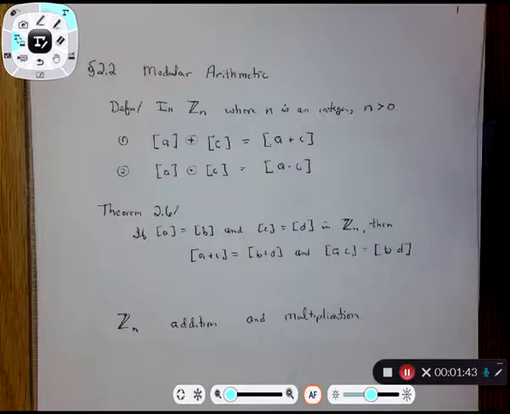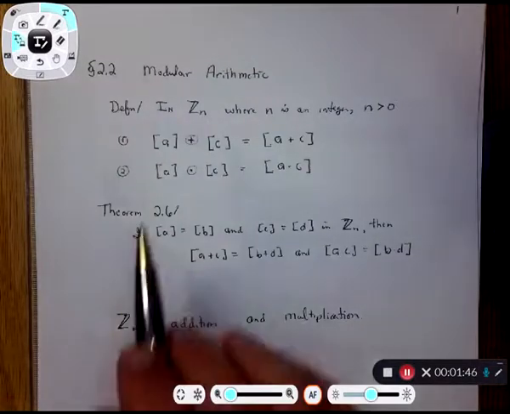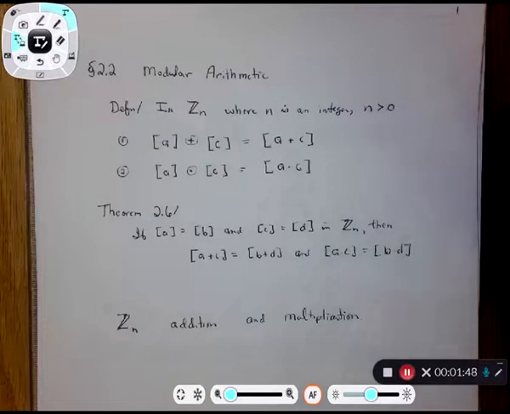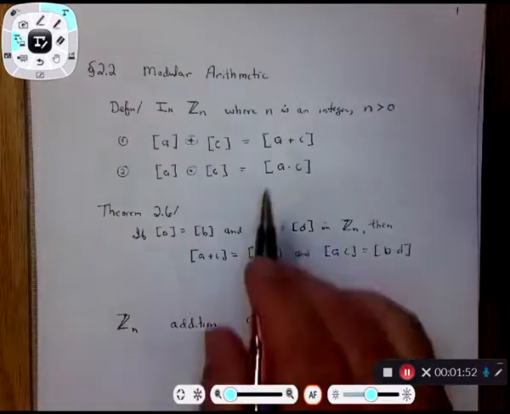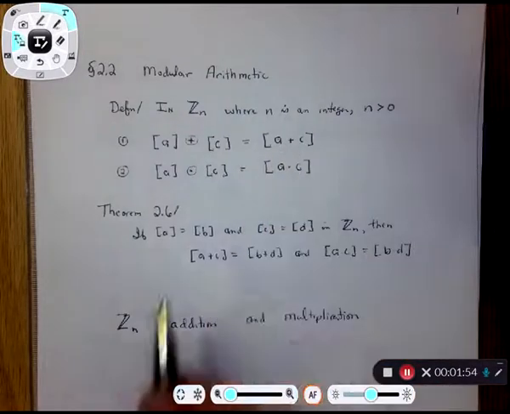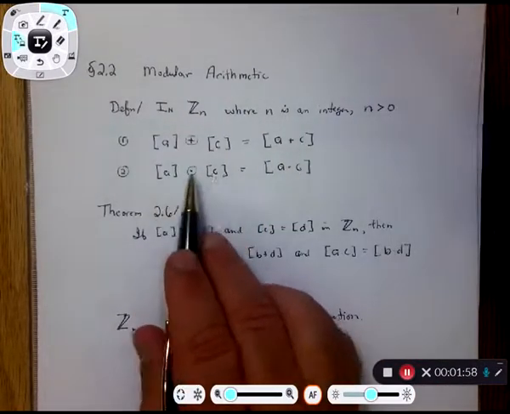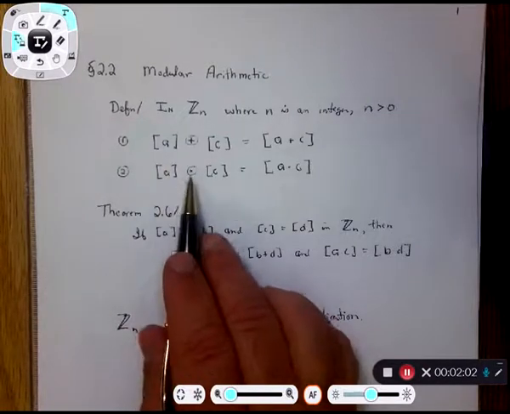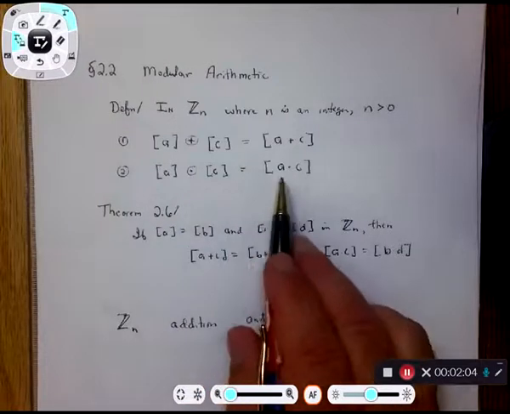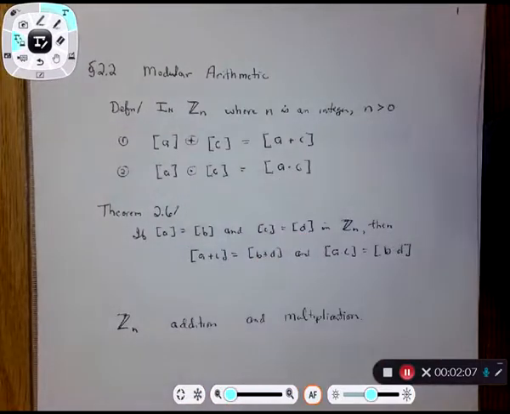Remember, the equivalence classes are always the remainder. But this is how you add equivalence classes. Equivalence class A plus equivalence class C is equal to equivalence class A plus C. And multiplication, equivalence class A times equivalence class C, a special way of multiplying, circle dot there, is equal to equivalence class of A times C.